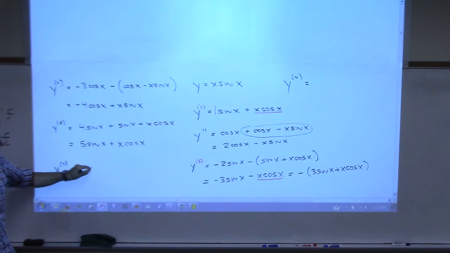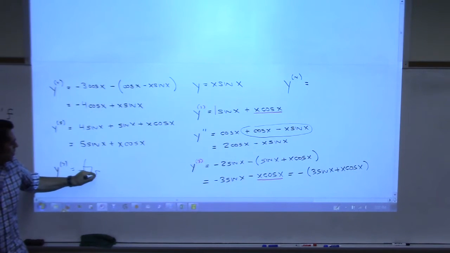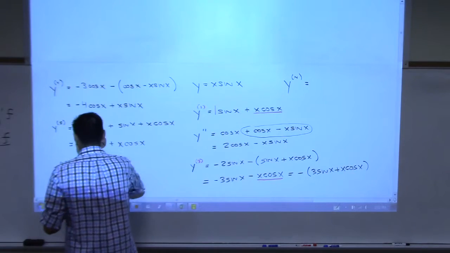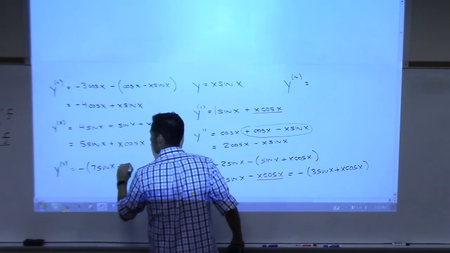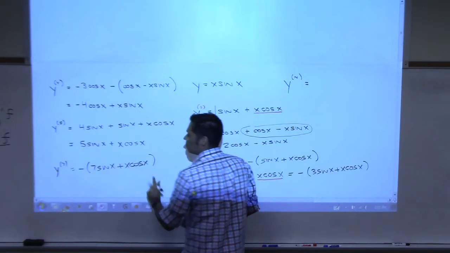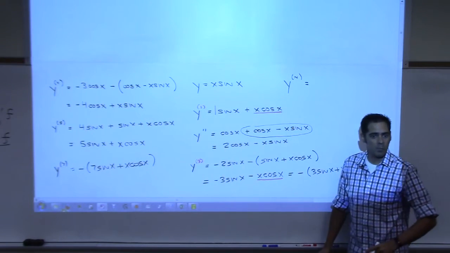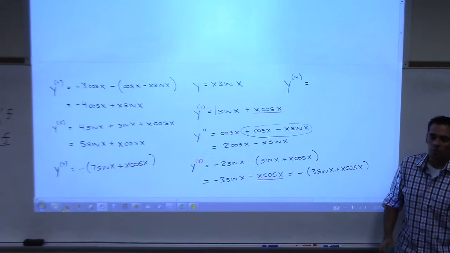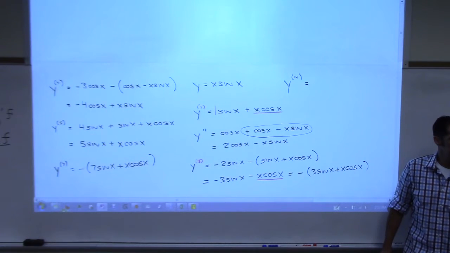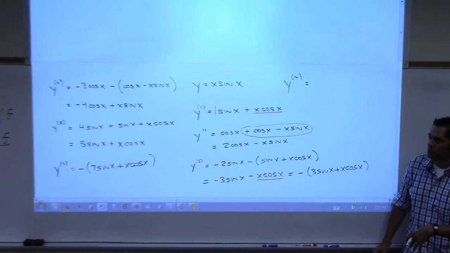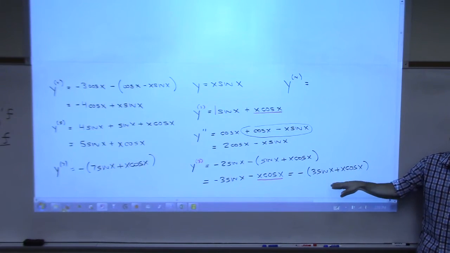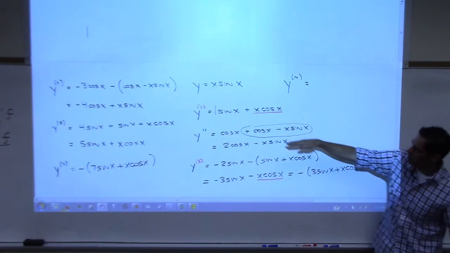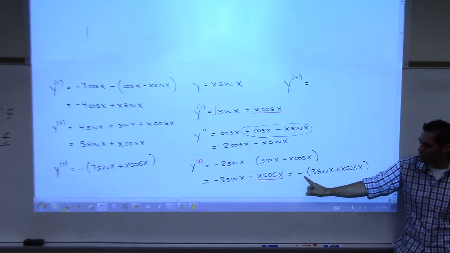Negative 7, put it in parentheses. Sine x, come on. Negative 7 sine x plus x cosine x. Seems reasonable. What about the 9th one? Positive 9 sine x plus x cosine x. I factored, so it should stay plus the whole time, right? It was plus here, as long as I pull that negative all the way out.